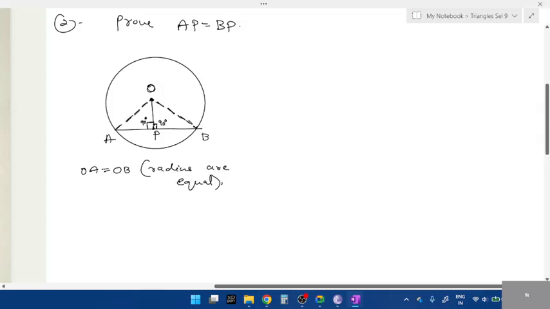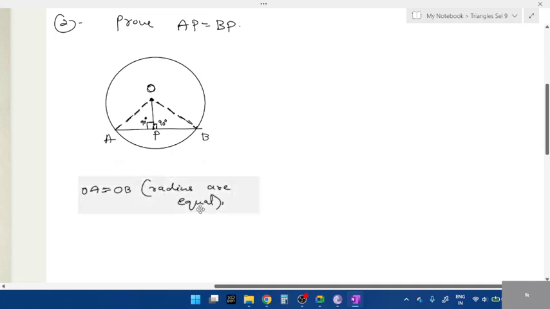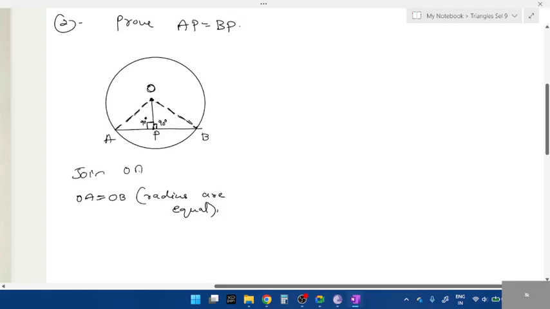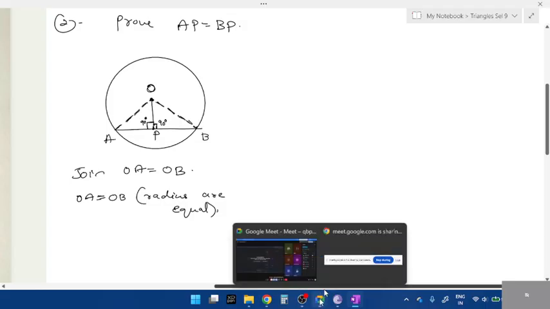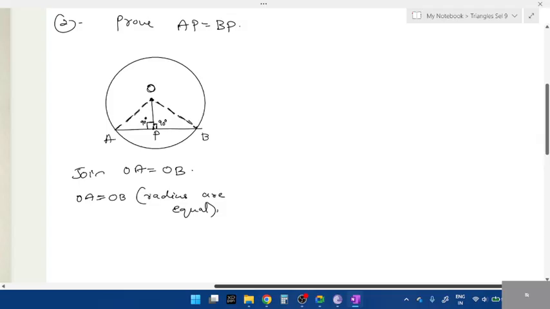See, the main question is prove AP is equal to BP. First thing, radius. You have to write join OA and OB, OA is equal to OB. That's the reason I've written dotted lines. Anna, Alia, are you listening? Not writing notes, right? First listen. Join OA and OB, and mention OA is equal to OB.